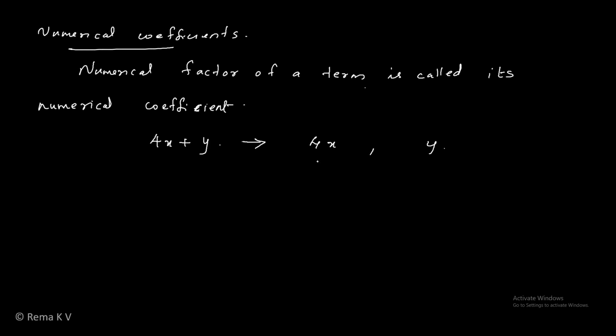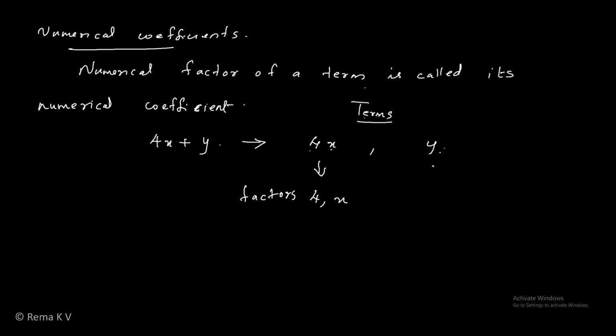So, which are the factors of this 4x? Four x and y are the terms. Which are the factors of this 4x? Okay, it is 4 and x. 4 and x are the factors of 4x.